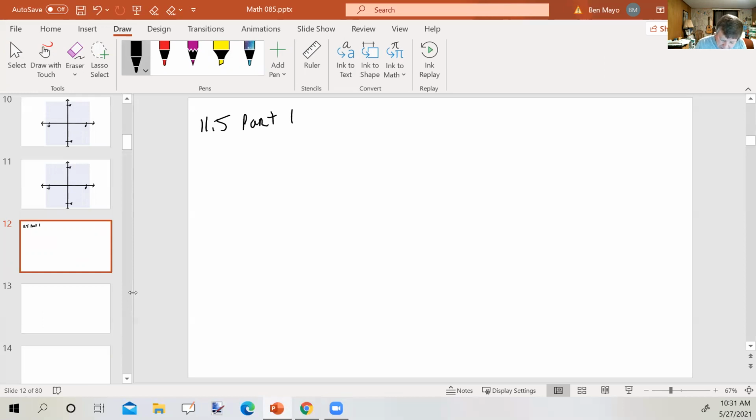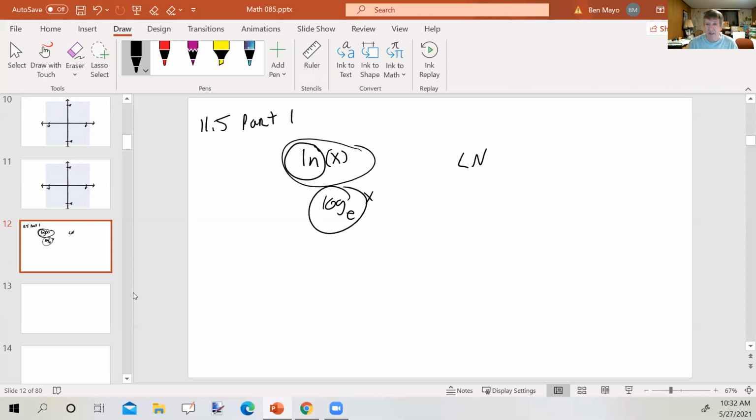First, if we have the expression Ln of X, this means the natural log of X, or log base E of X. On your calculator, there is a button that says Ln, and when you use it, you're saying, I want to take log base E, or the natural log, of some quantity.